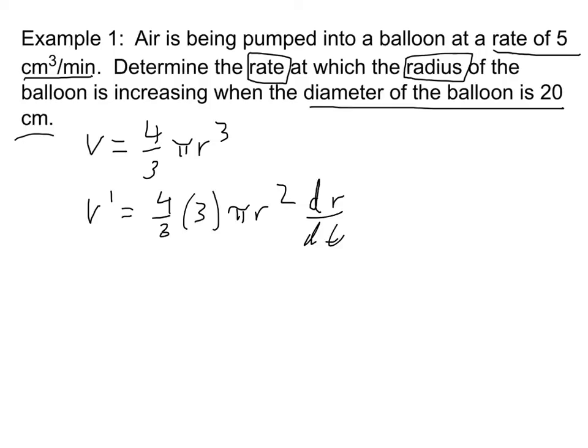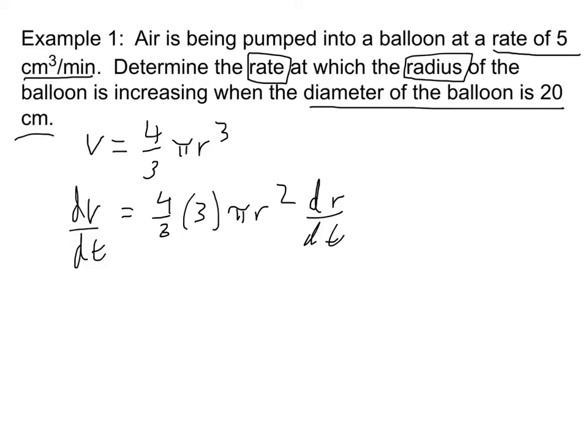If I'm going to write it that way, I should probably write this as dV dt instead of just V prime. Okay, so there's my two equations that I needed to set up.